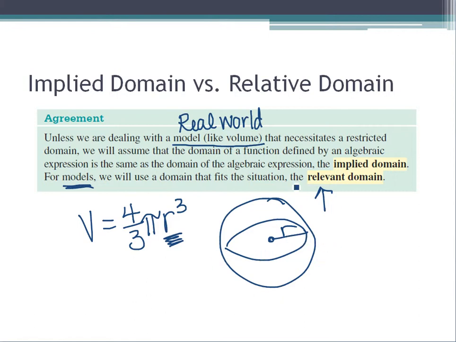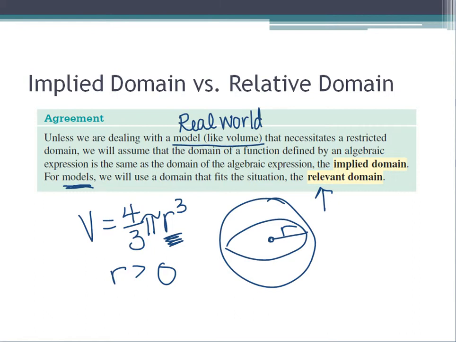So just by the fact that it can't happen, because it doesn't make sense for the real world situation or the modeled situation, we do set a relevant domain on this and we say r must be greater than 0. I almost put an equal to there, but that shouldn't be true either, because if your radius is 0, you don't have a sphere.